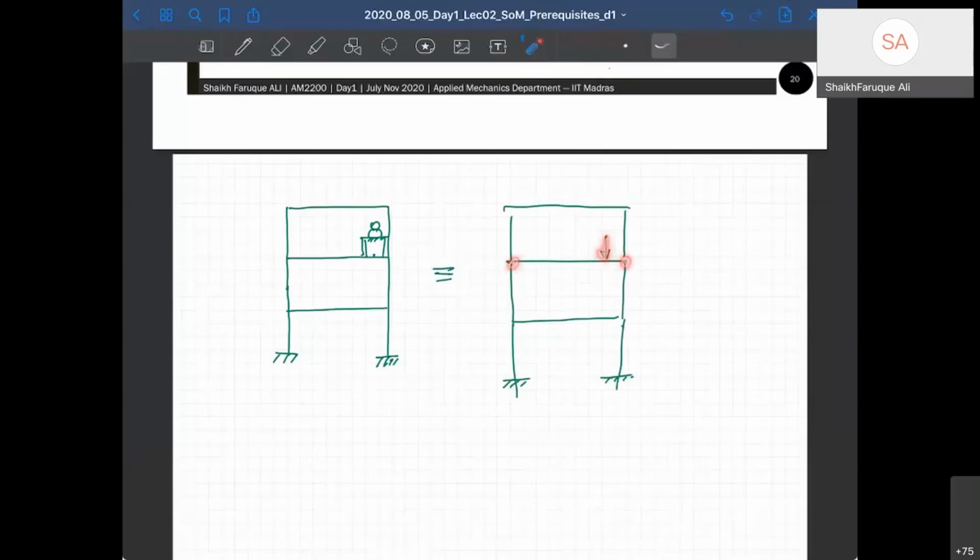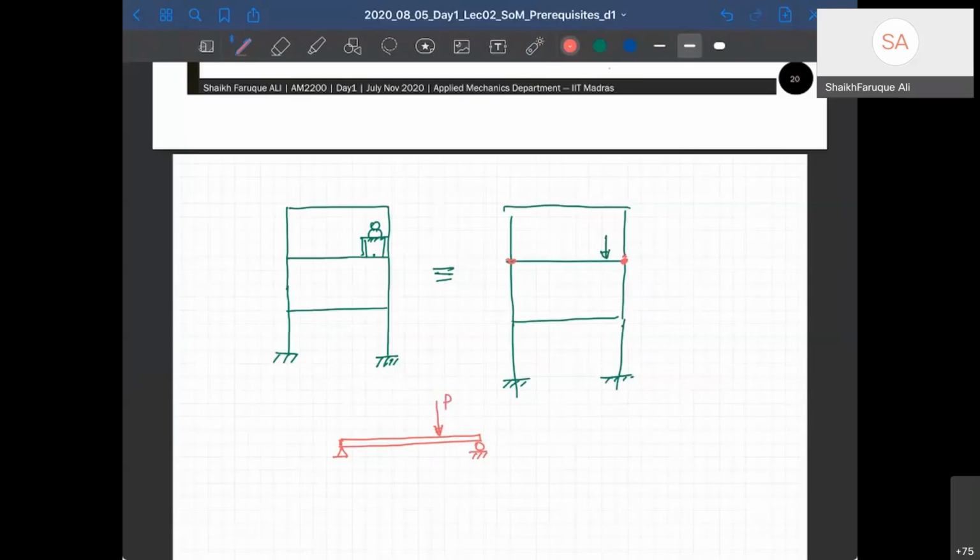Let us say that we model it as a beam. Generally we model it as a plate, but for the sake of simplicity, let us model it as a simply supported beam. It won't really be simply supported, it will be a fixed beam or a fixed plate based on the fixity here. But for simple discussion, let us put this load here.